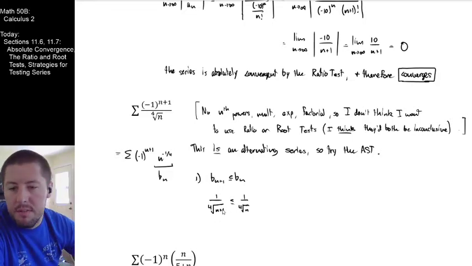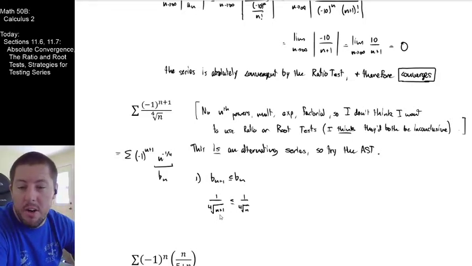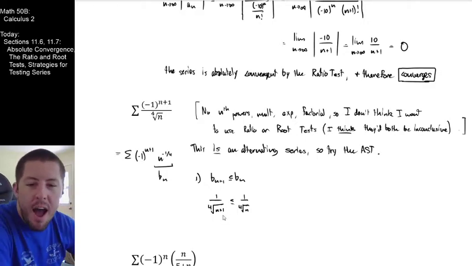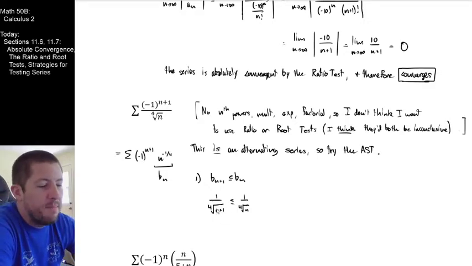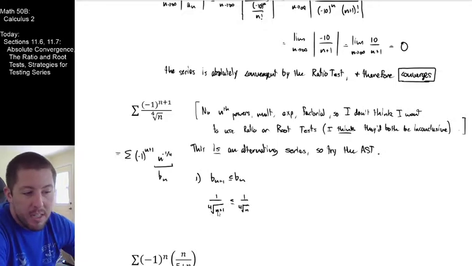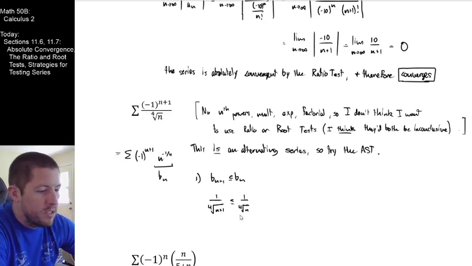If you're taking roots of numbers that are between 0 and 1, you're actually going to get them to be larger instead of smaller. But it looks like over here, I'm taking the root of a larger number than this one over here. And so as long as our n's are positive integers, our denominator here is larger, so the overall fraction is smaller. So this is true for all n greater than or equal to 1.